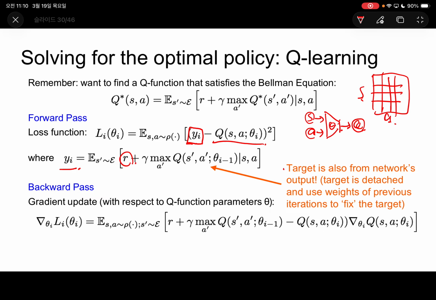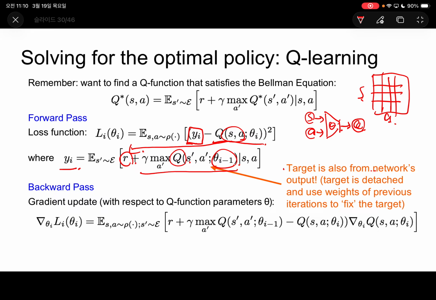R is from state s and a. So we have state s and a here, right? State s and a, and gamma. It's almost the same as the Bellman equation, but the difference is that this Q is also from your network. So the target is also from your network, and we use theta from a previous iteration.